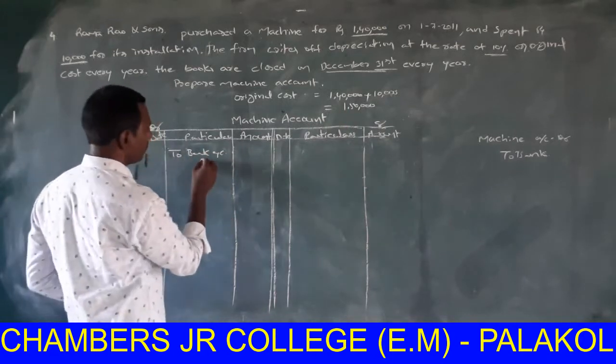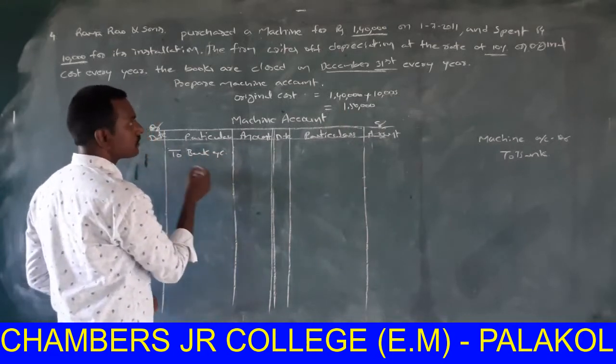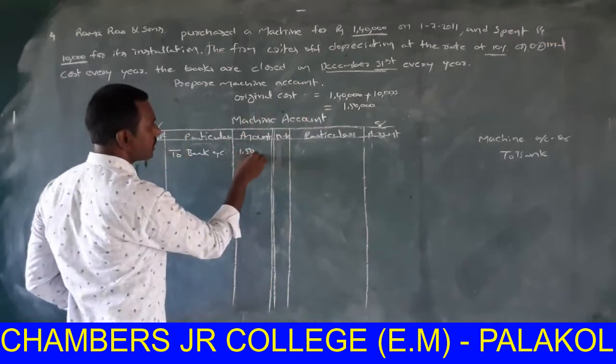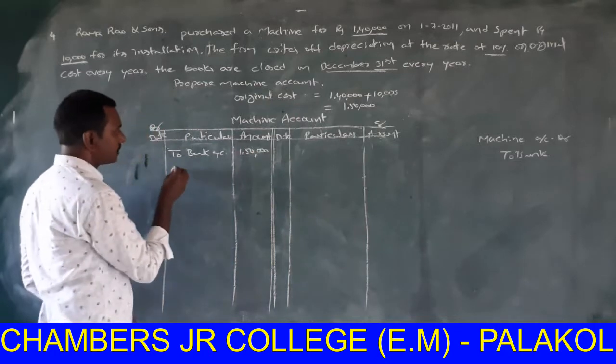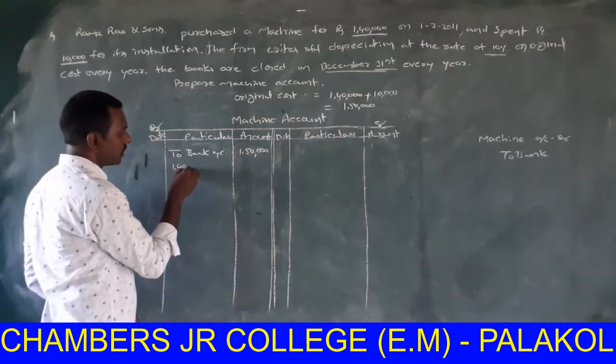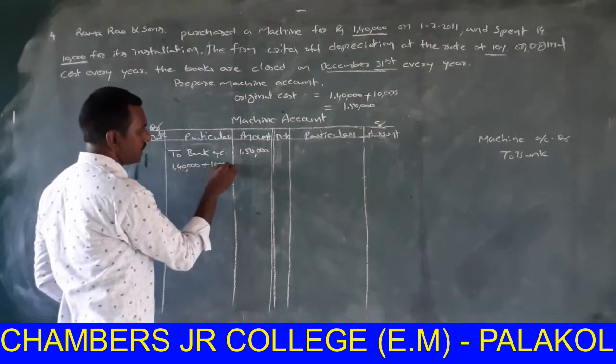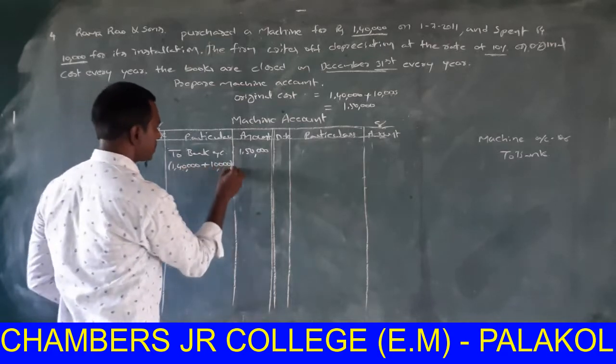What is the amount? Original cost 1,50,000, in brackets 1,40,000 purchase price plus 10,000 installation charges.